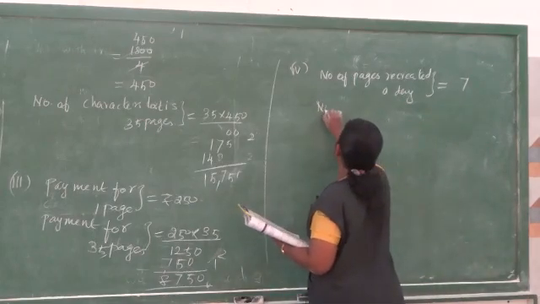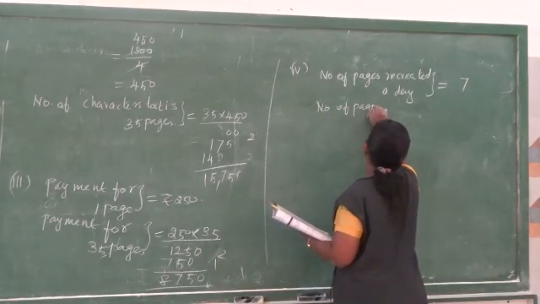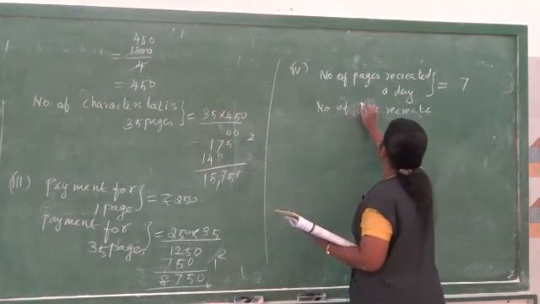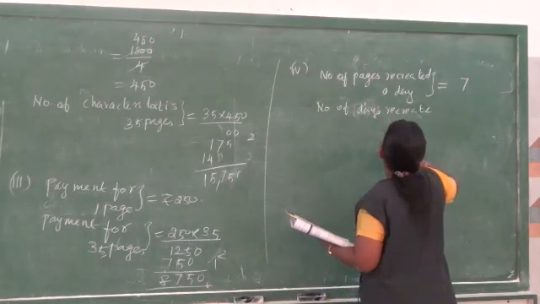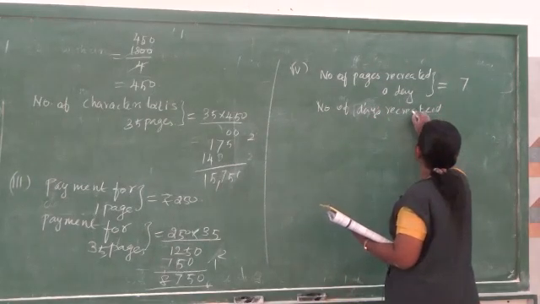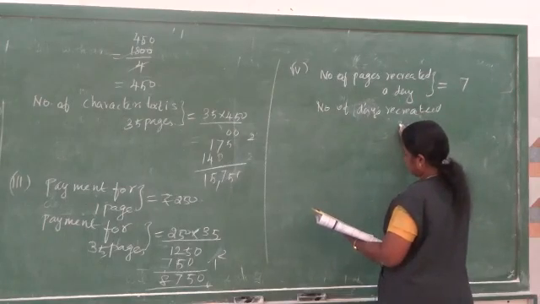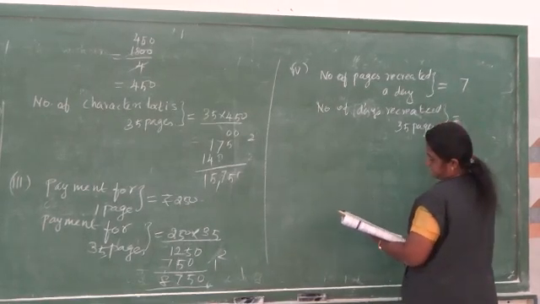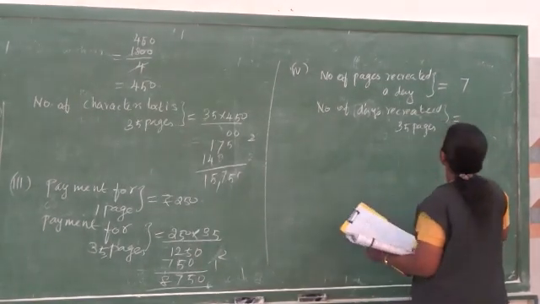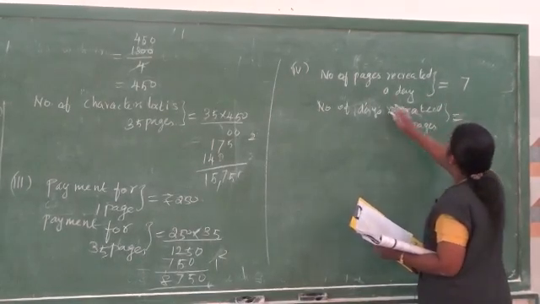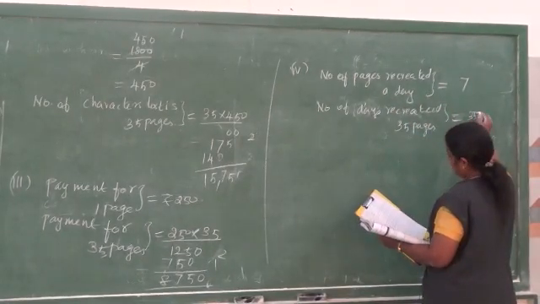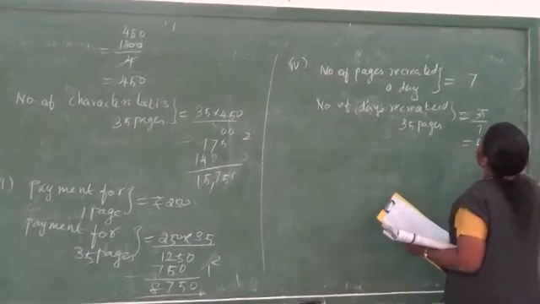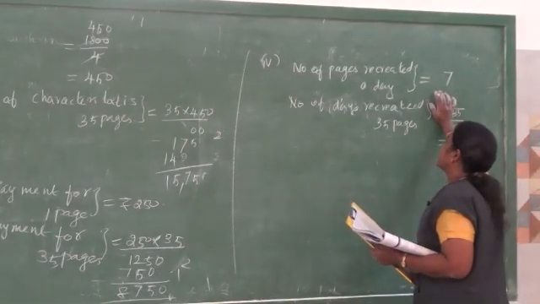Number of days to recreate 35 pages, divided by 7, that is equal to 5 days, because 7 pages he recreates in one day.